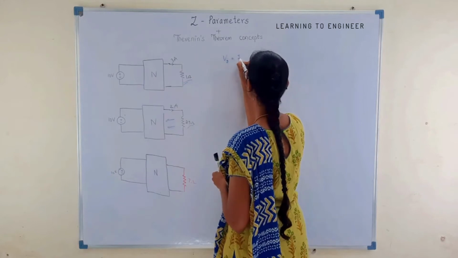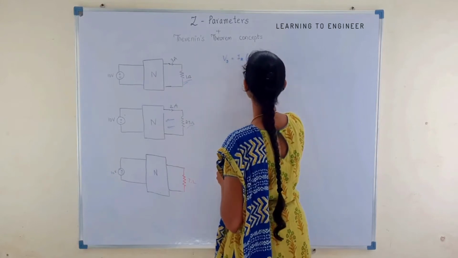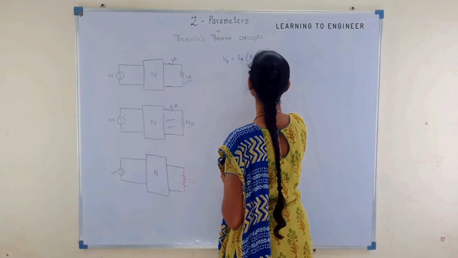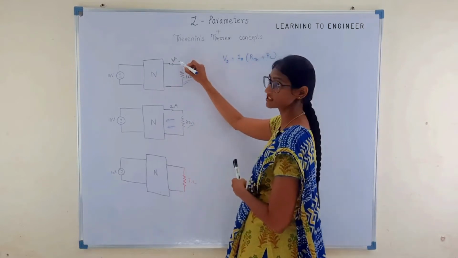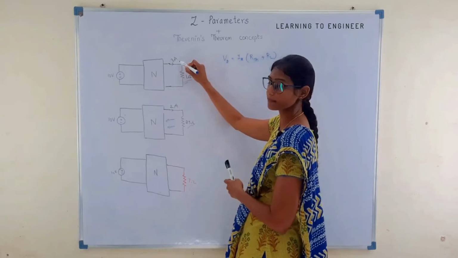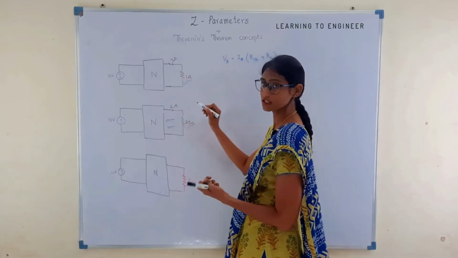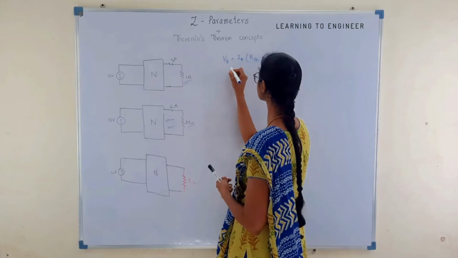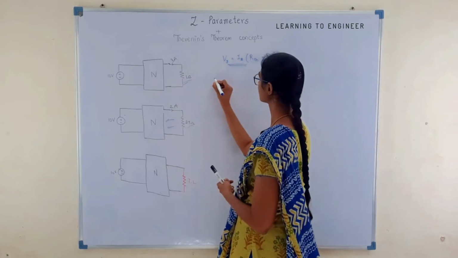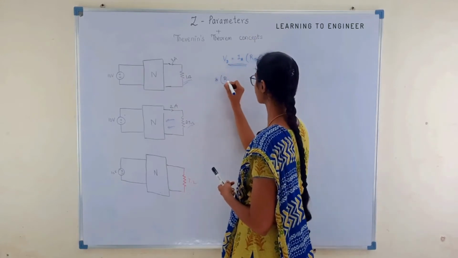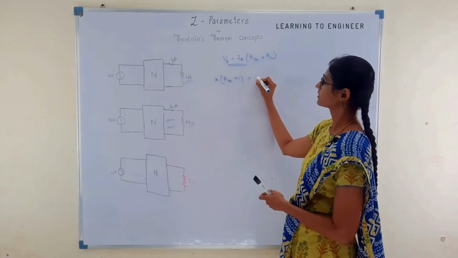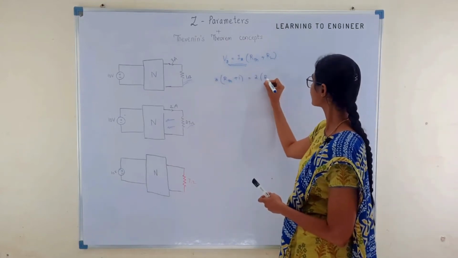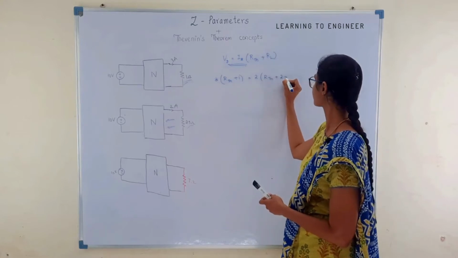V2 will be I2 multiplied by RTH plus RL. If we see, I2 for the first case is 3 ampere and I2 for the second case is 2 ampere. So, let us just substitute in this equation 3 into RTH plus 1 is equal to 2 into RTH plus 2.5.